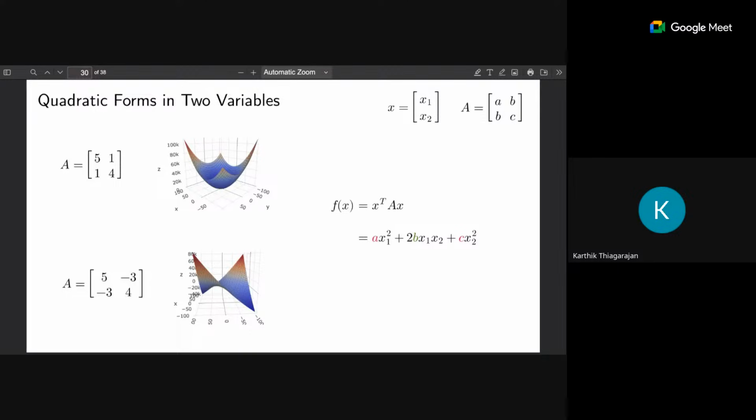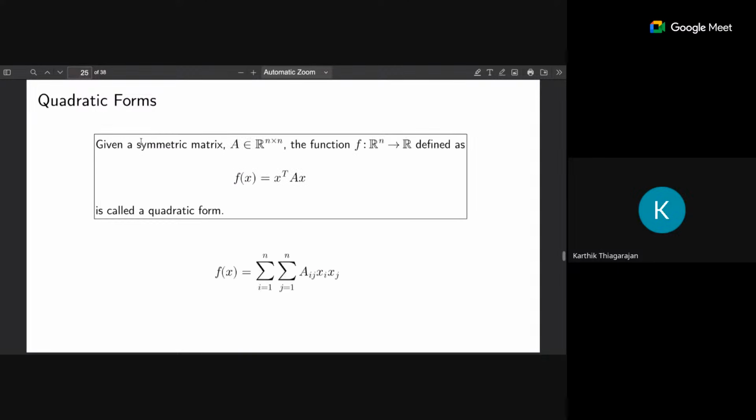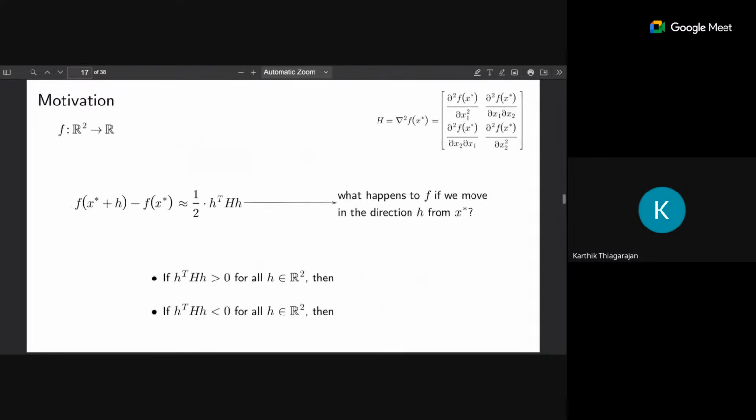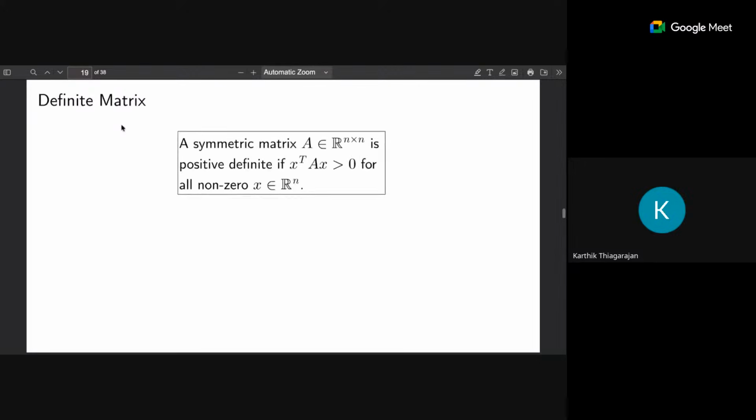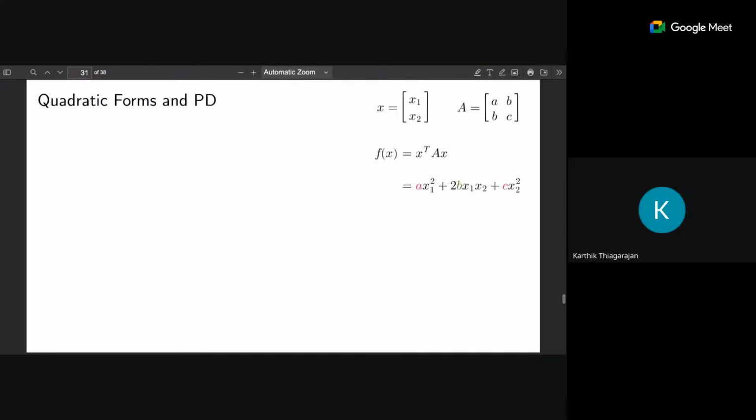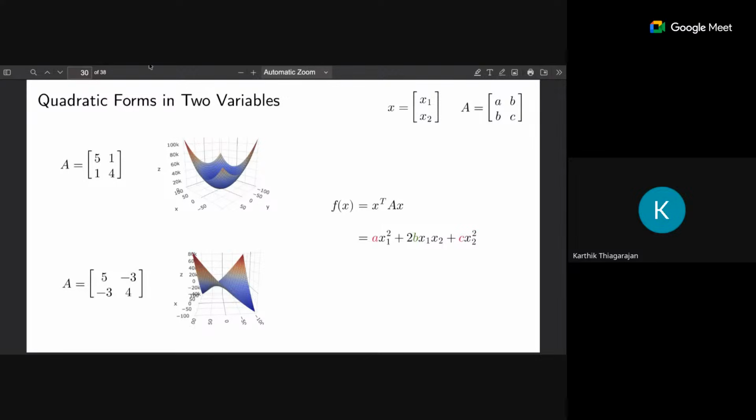This is what you want: if you want to characterize a minimum, you want h transpose H h to be greater than 0 as you go away from x star. That is what is happening here. As you go away from 0, 0, the function is increasing. So this is a positive definite case.